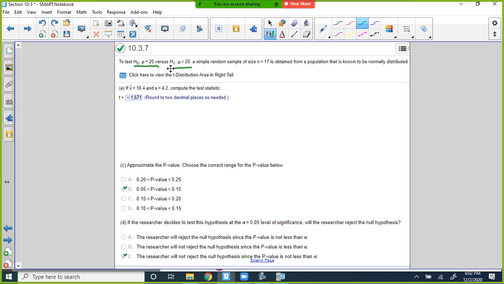They're providing this stuff. They even tell us that, hey, there's 17 in our sample, right, from the population. And they're giving us X bar and the standard deviation of the sample. So every bit of this, they're giving us. But what do we have to find? Well, our calculator wants us to find these things, right?